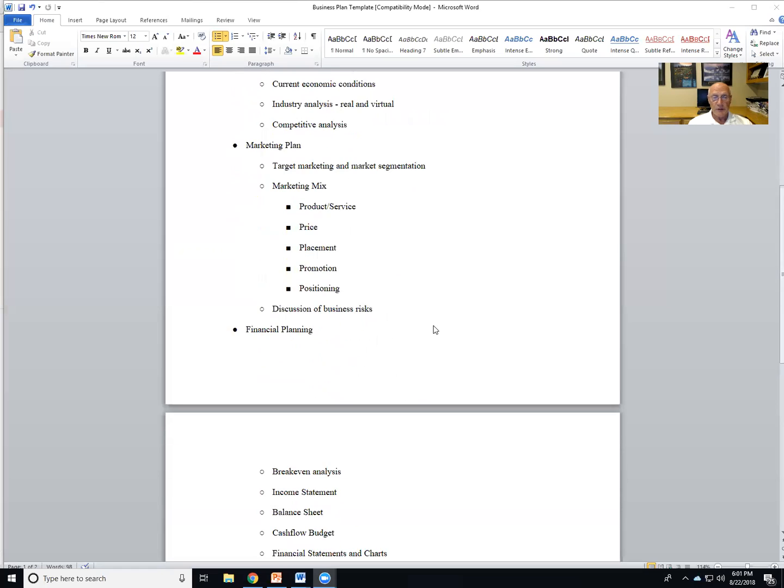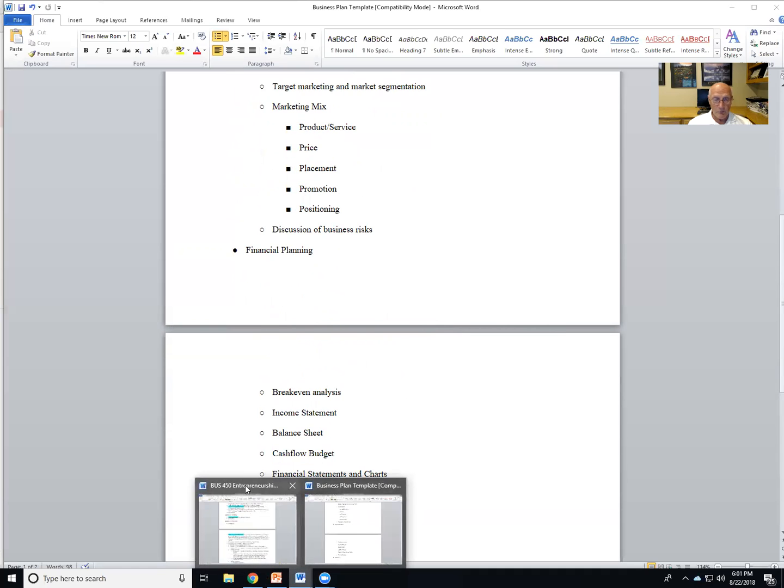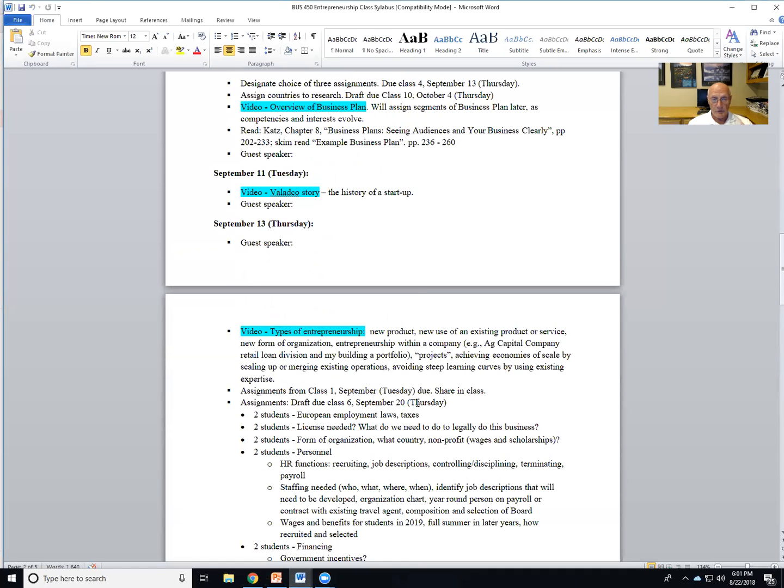Now, this template is just obviously very much an overview. There is more that you can find, and you should read. It's assigned reading. CATS, Chapter 8, Business Plans, Seeing Audiences and Your Business Clearly, pages 202 to 233. And also skim read the example business plan on pages 236 and 260.